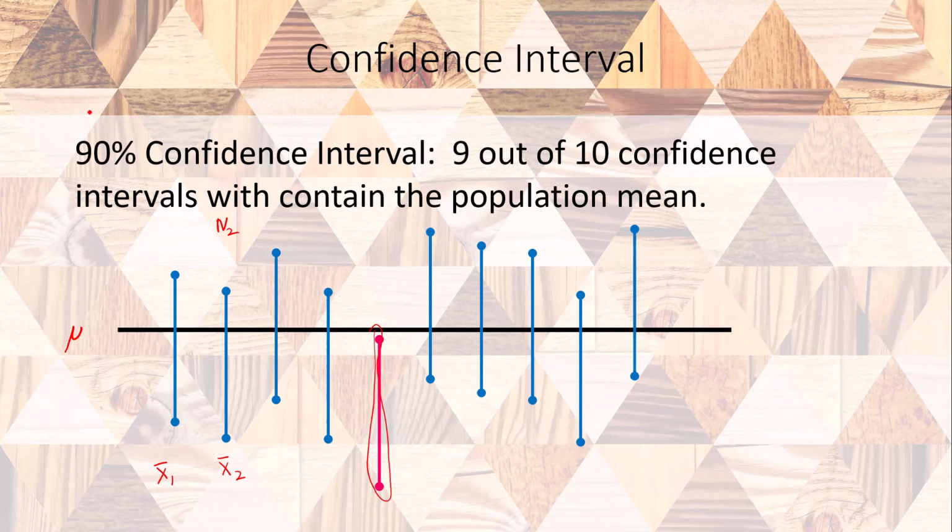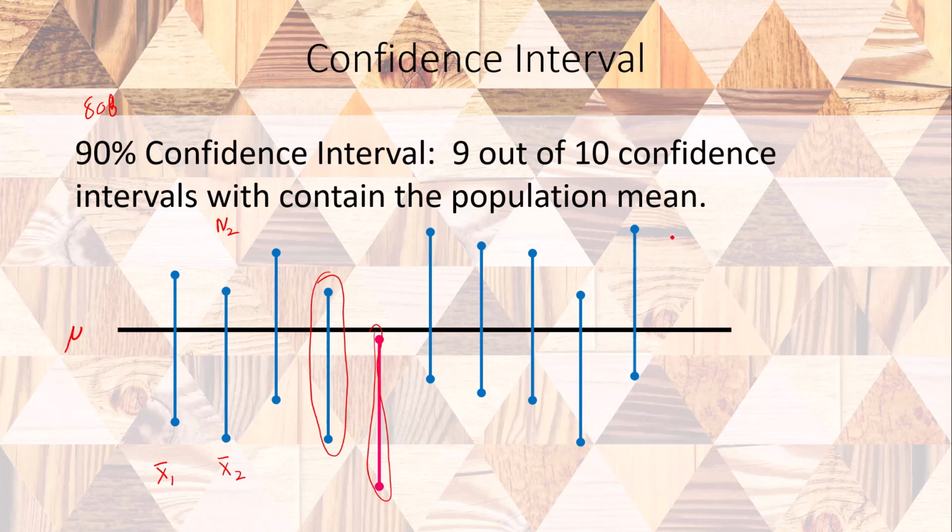If it was an 80% confidence interval, then 2 out of 10 would not contain the population mean inside their interval, and that's pretty much what it means.